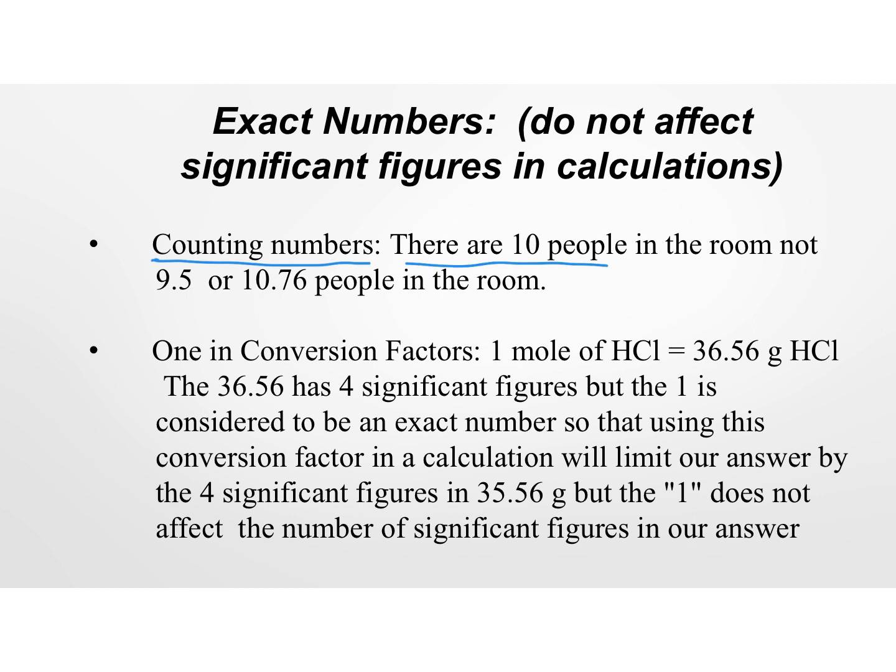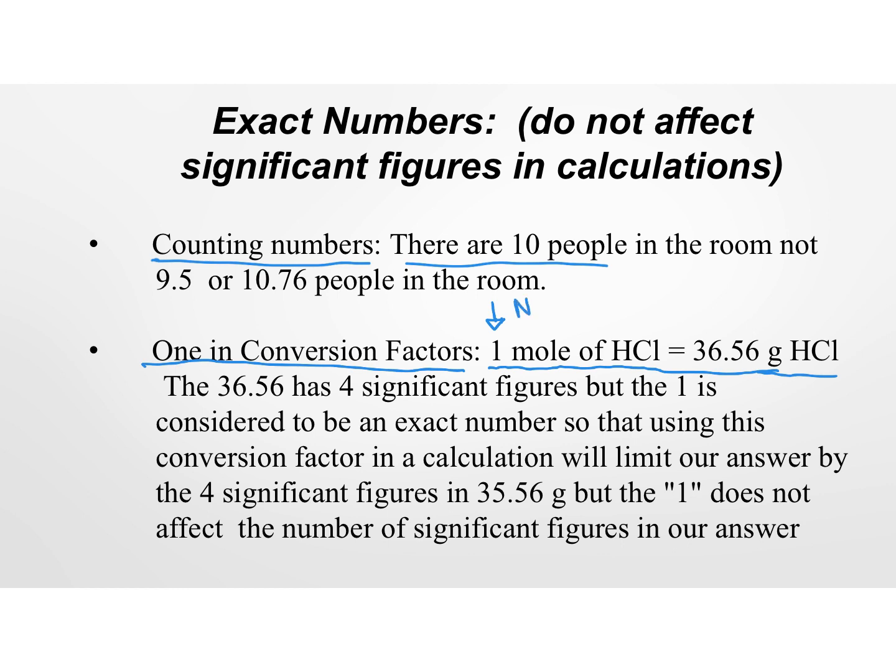Another example is the number 1 in a conversion factor. We'll start learning about conversion factors next week, but here's an example of one. So 1 mole of hydrochloric acid weighs 36.56 grams. The number 1 in the 1 mole is considered like an exact number. So this 1 doesn't count for sig figs.